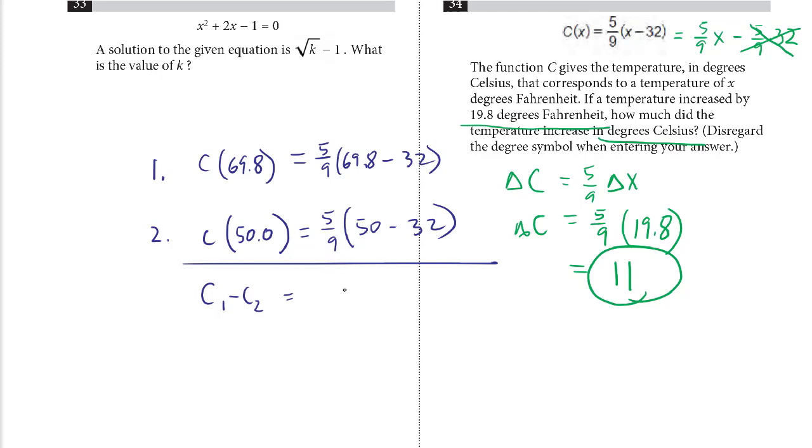And I'll ultimately get essentially the same thing if I simplify it. 5/9 times 69.8 minus 50, which is our difference in 19.8. The 32 terms will cancel, and then I can go ahead and solve for that, and I'm going to get the same answer. The change or the difference in Celsius for the two equations is 11 if you run those numbers out. So whichever approach is more comfortable for you, I find this a lot faster to work with.